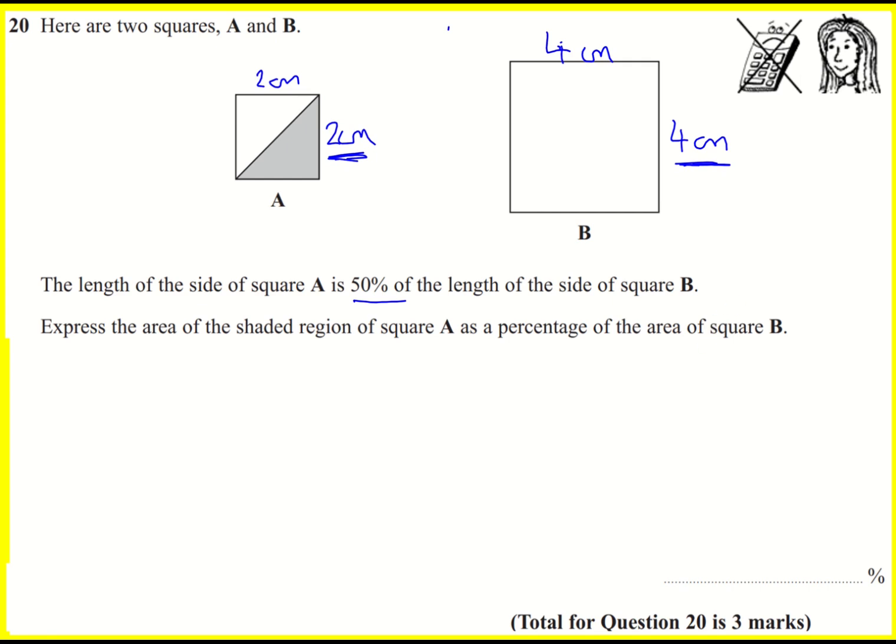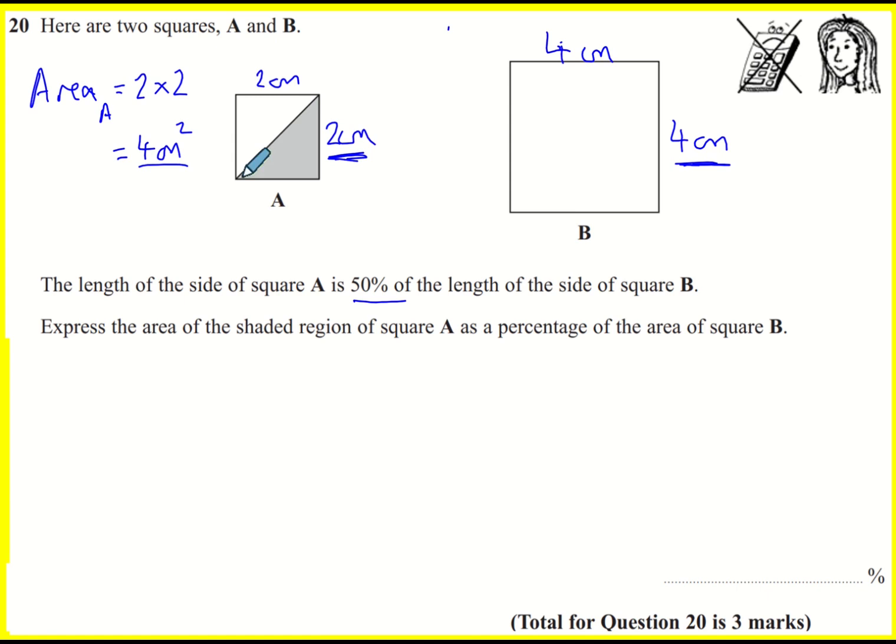Okay, so first of all, let's think about the area of square A. Now the area of a square is length multiplied by width, so 2 times 2, which equals 4 centimetres squared. So that's the area of A. But we want to think about the shaded region.